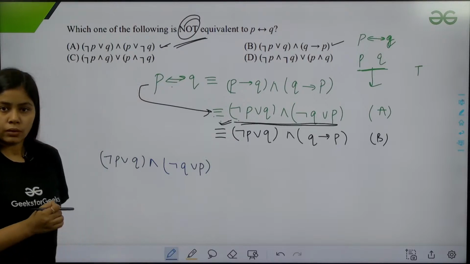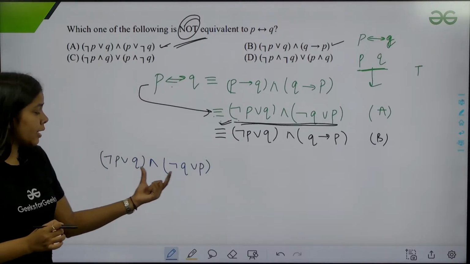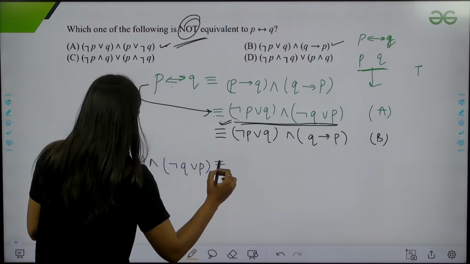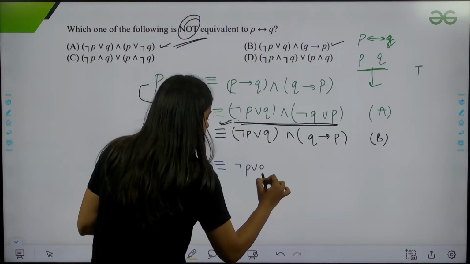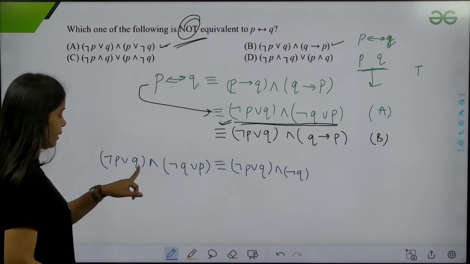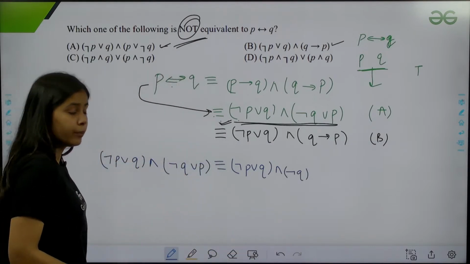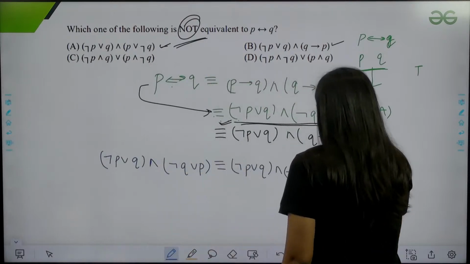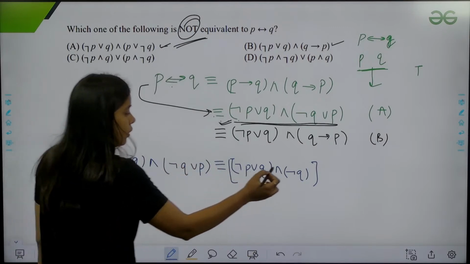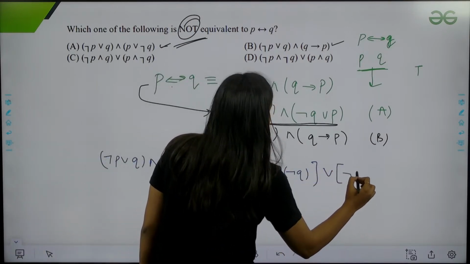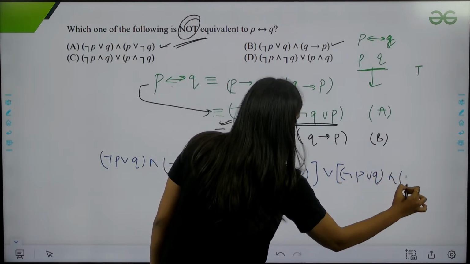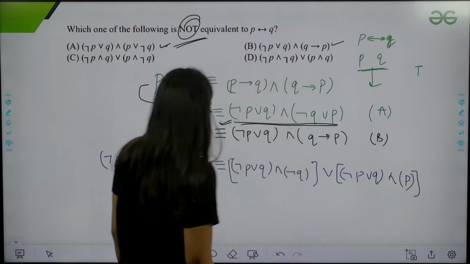We know the distributive law, right? What does the distributive law do? It breaks each. I can write this as negation P or Q, negation P or Q and negation Q, right? And negation P or Q also breaks over P. So this will be a bracket, and then we have or, negation P or Q and P, right? I can do that.